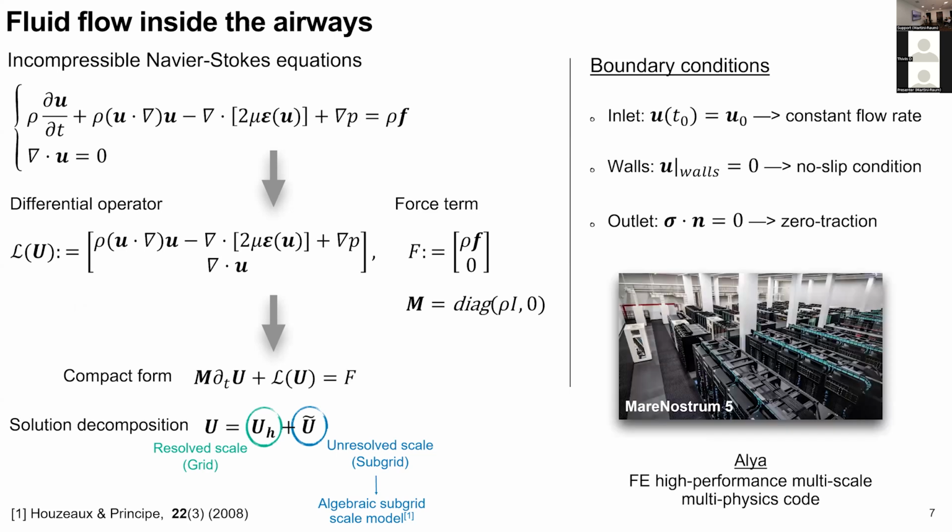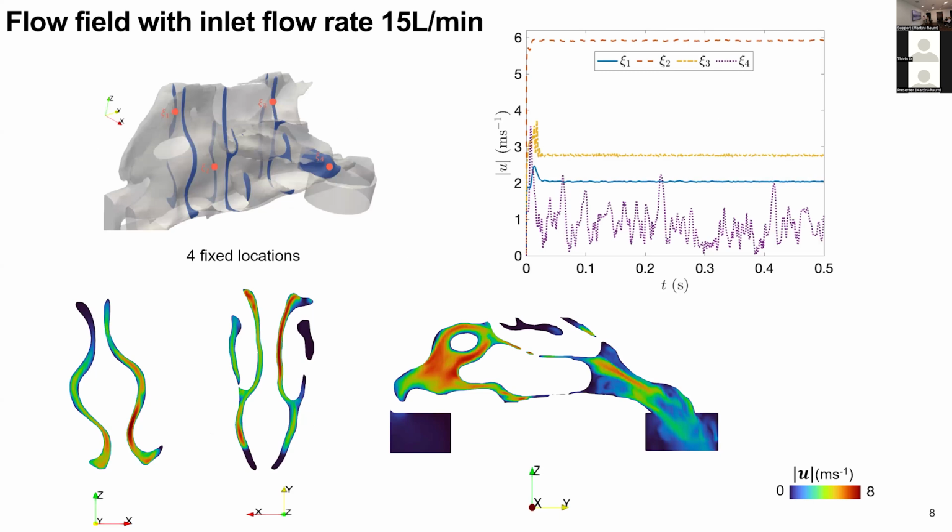The simulations are run in the supercomputer MareNostrum 5 using the in-house code ALYA, which is a finite element high-performance multi-scale multiphysics code. Here we're looking at the solution of the flow field. For the inlet flow rate of 15 liters per minute, what we're seeing on top is the temporal evolution of the magnitude of the velocity in 4 different fixed locations across the geometry.